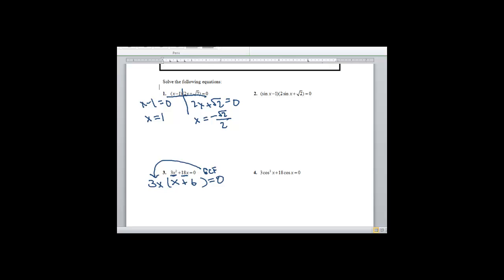Now this just reverts to problem number 1, which is now the zero product property. I have two things multiplied to 0, so I know that either 3x equals 0 or x plus 6 equals 0. From this one I get x equals 0, and from this one I get x equals negative 6. So there are my solutions to that one. That was just factoring by the GCF.